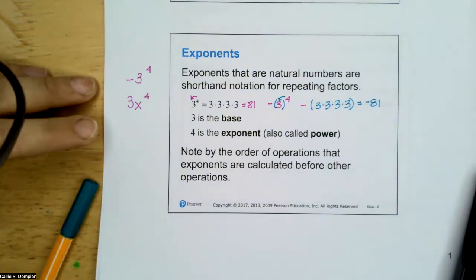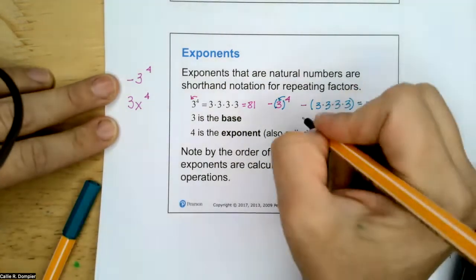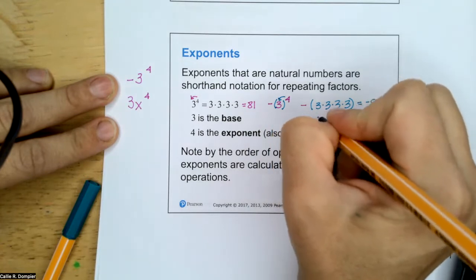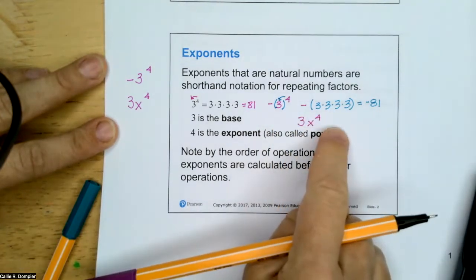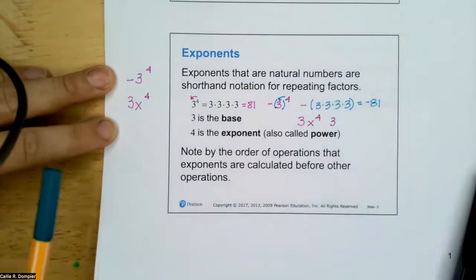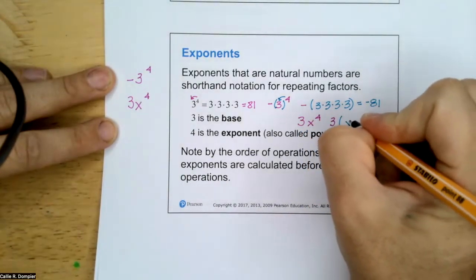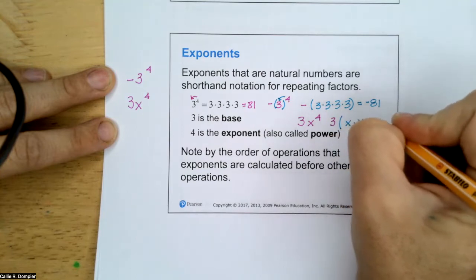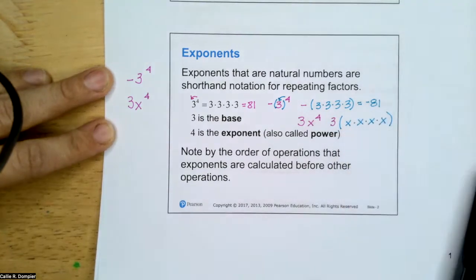All right, if we had 3 times x to the 4th, that's not going to be 3x times 3x times 3x times 3x. It's going to be 3 times only the x. Okay.